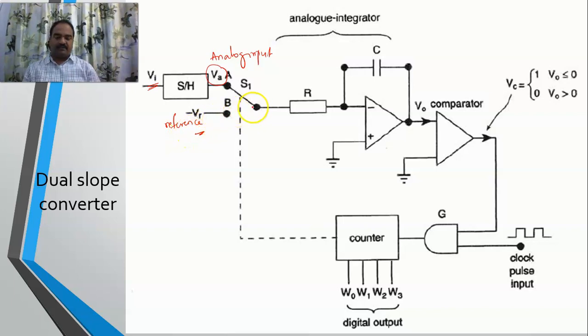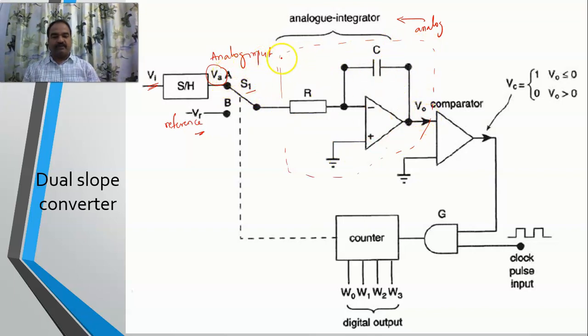Initially, your switch will be at the S1 condition. So you will allow the analog input to pass through this integrator circuit. The dotted line I am drawing is the analog integrator, as it is mentioned here. It integrates whatever value you are giving here.